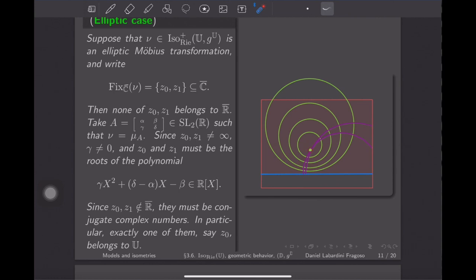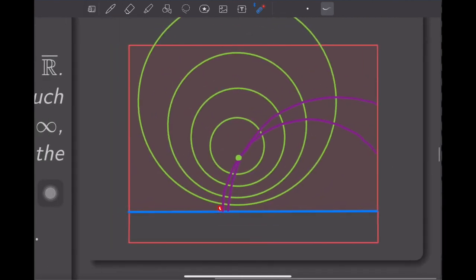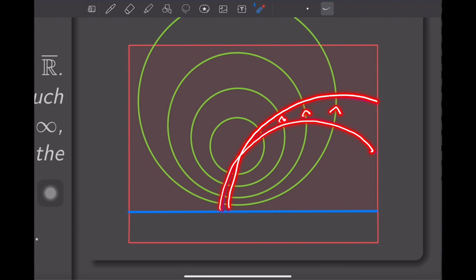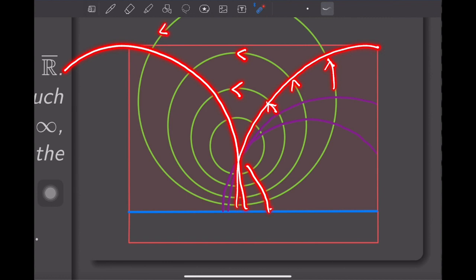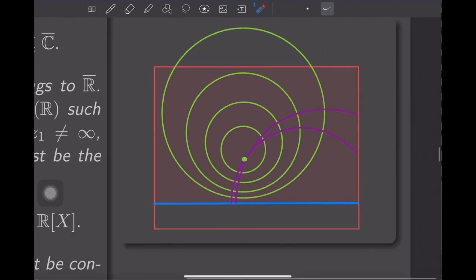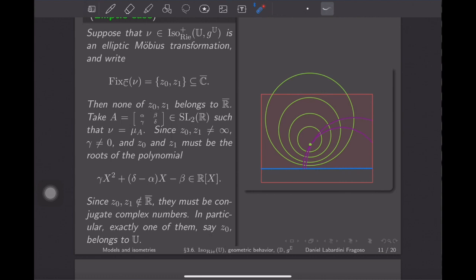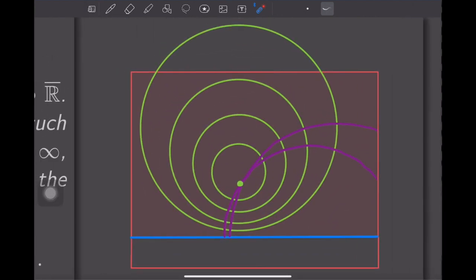And nu permutes them, right? So it's something like one such is mapped to another such, is mapped to another such, is mapped to another such, and so on. Okay, now my drawings start becoming really ugly, but yeah, and you see these stable curves.